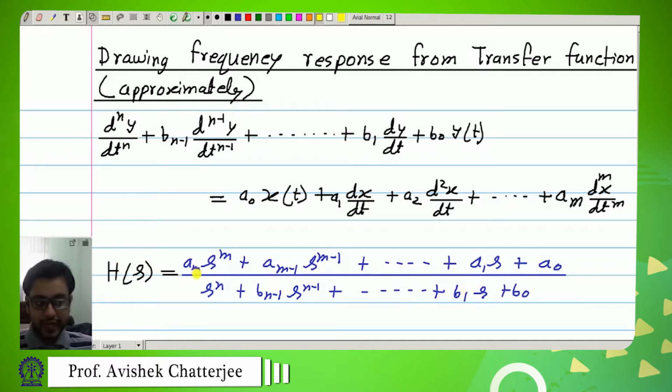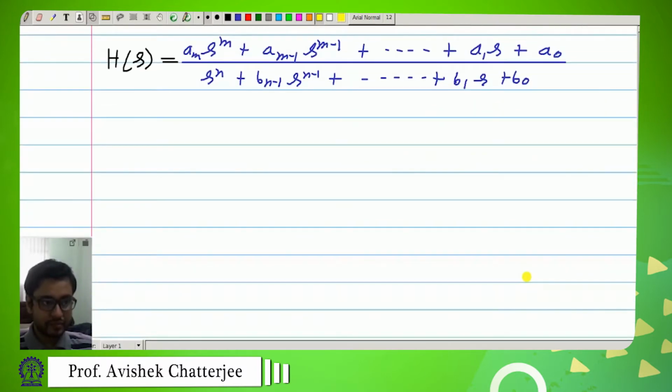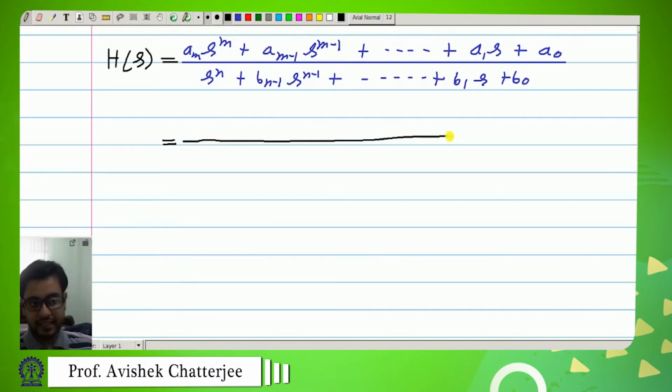Now, to get the frequency response from this transfer function, we will do the following. First, we will factorize these two polynomials like this.